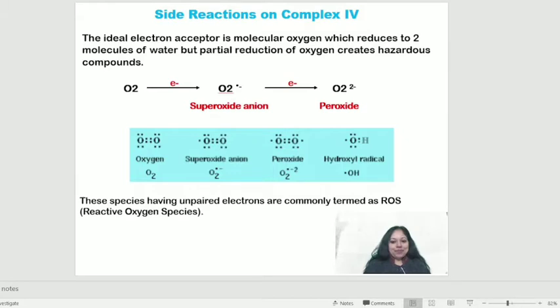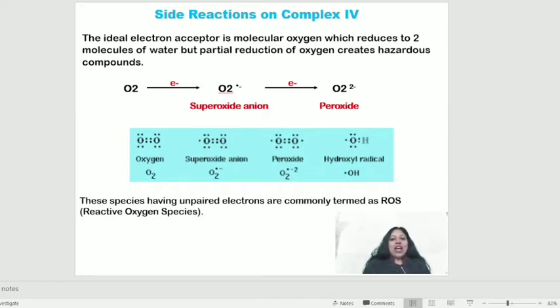Before moving ahead to complex 5, the last complex of this chain, a few things are left over, and we will discuss these first.